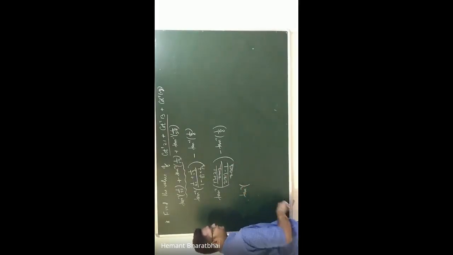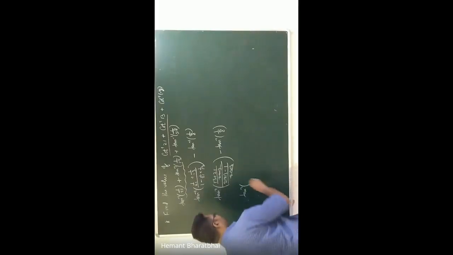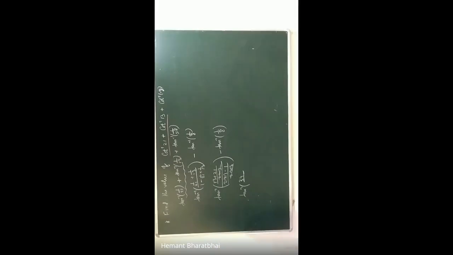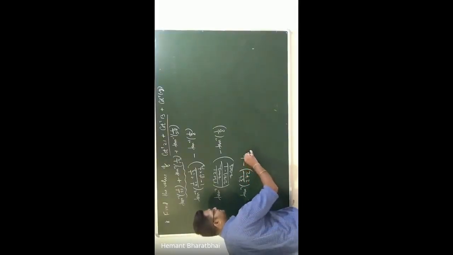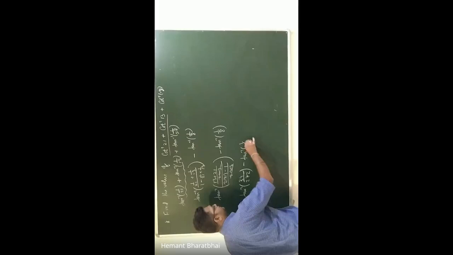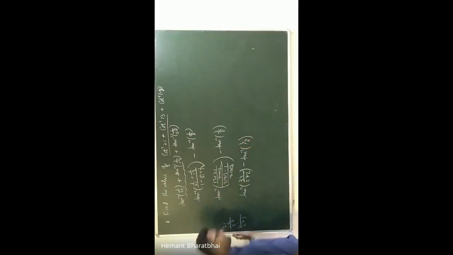So I'll get tan inverse of 13 plus 21, that will be 34. 21 into 13, that will be how much? 21 into 13 is 273, minus 1, so that will be 272, minus tan inverse of 1 by 8.